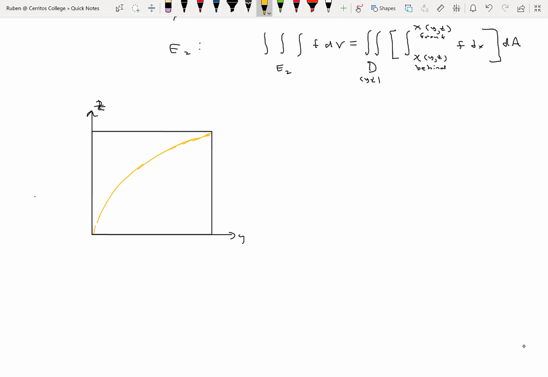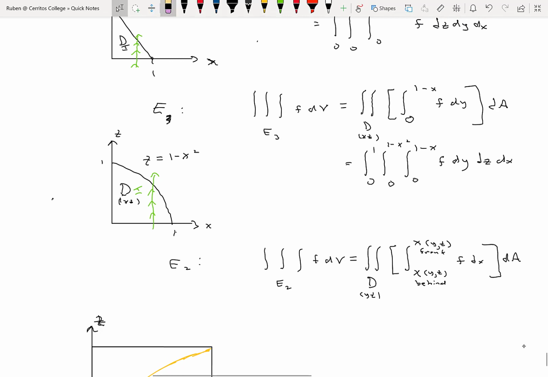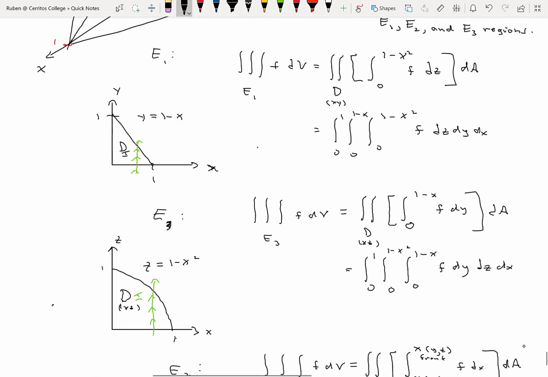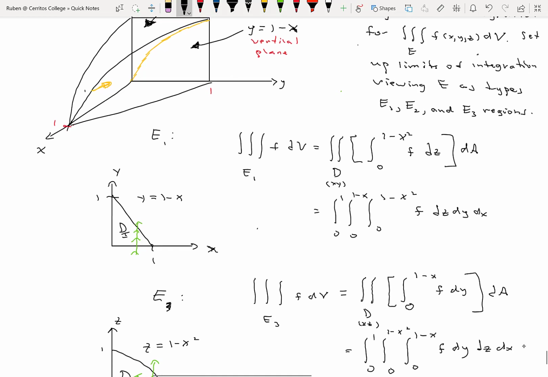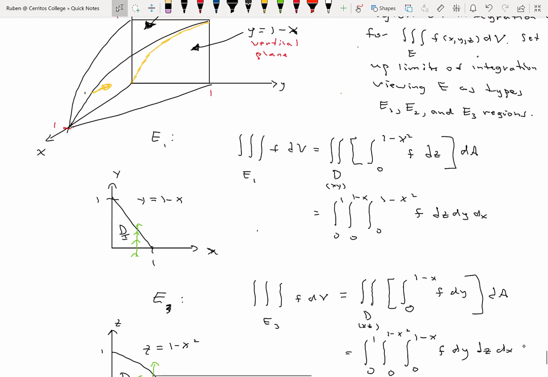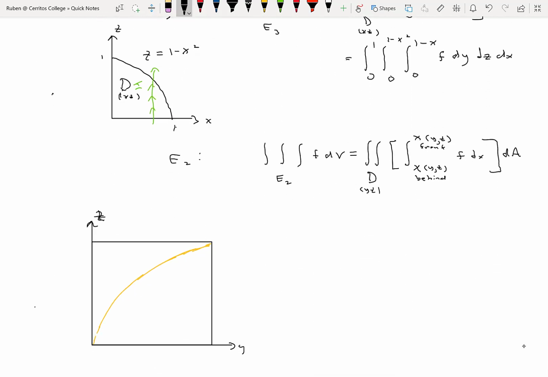So this yellow parabola, the projection of my intersection of the two surfaces, divides the region of integration in the YZ plane into two parts. Let's call it part D1 and D2.